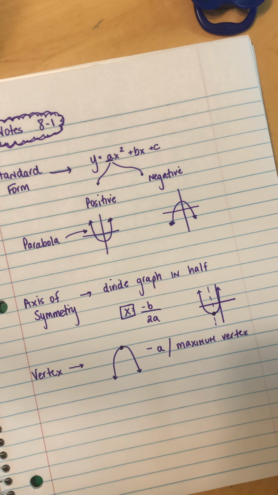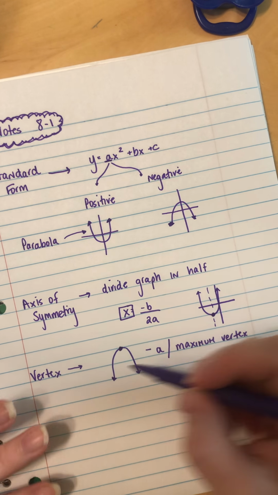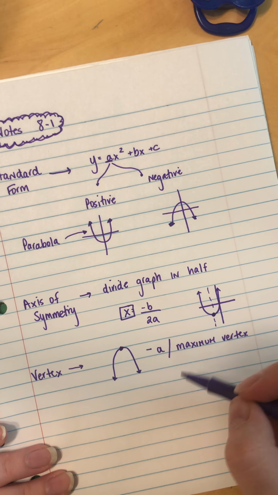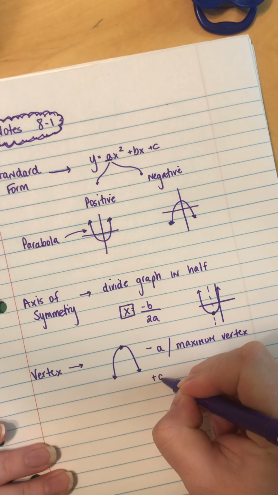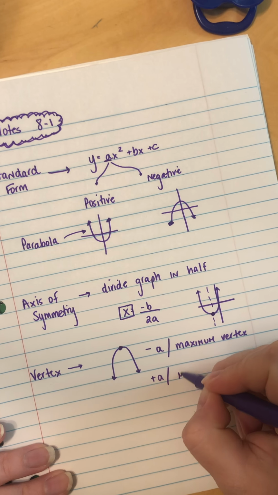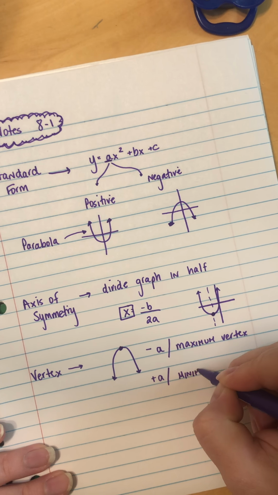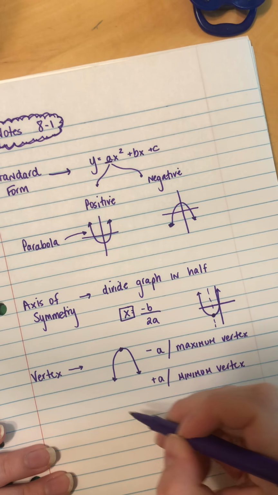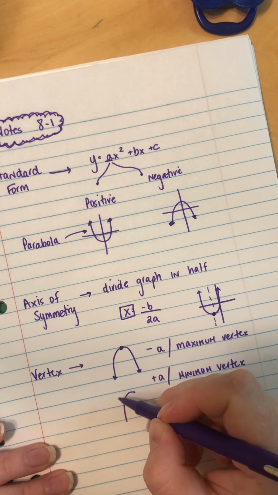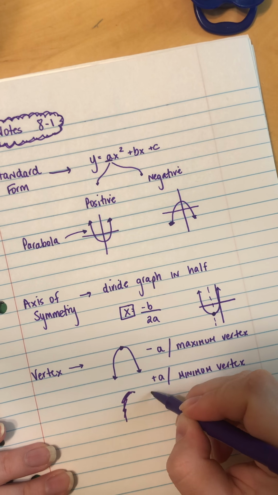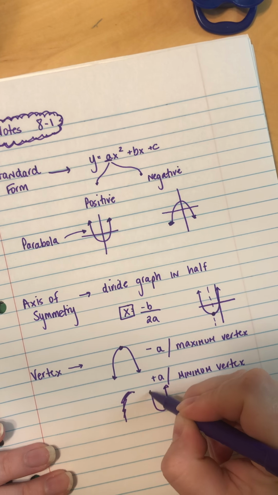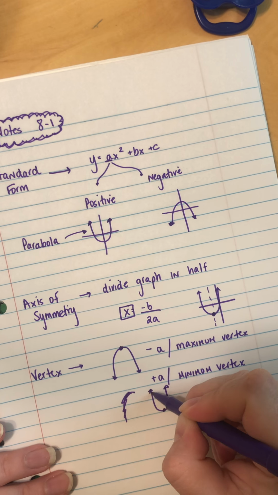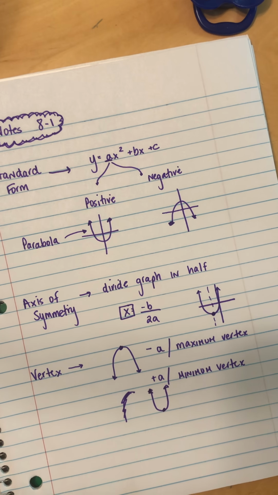It's going to be here. So this is going to be the highest point of the graph. And then if you have a positive a, you're going to have a minimum vertex. Oops, sorry, this way. So your minimum is going to be here. That's going to look like that.